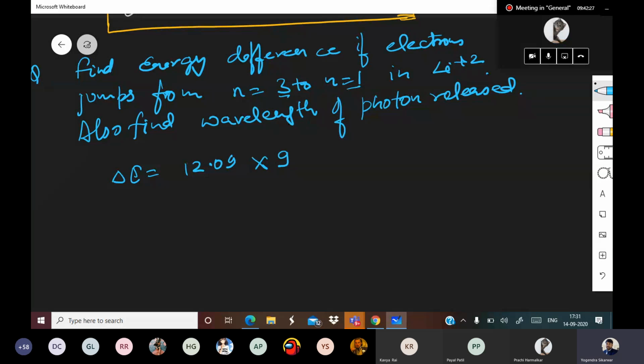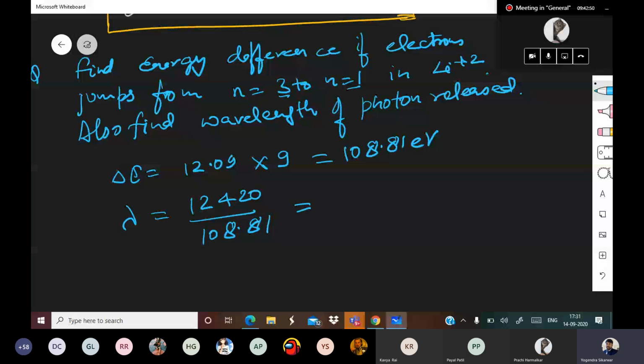So 12.09 into 9 will be 108.81 eV, and correspondingly lambda will be 12420 divided by 108.81, and that comes out to be 114.14 angstrom.